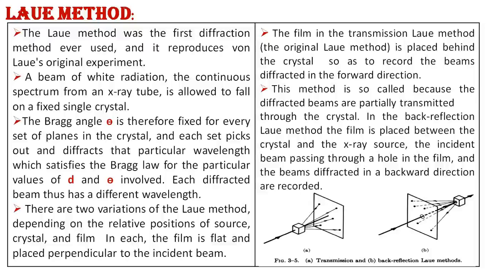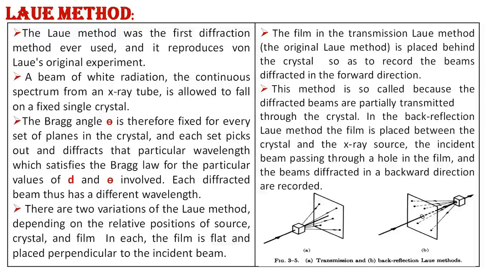There are two variations of the Laue method, depending on the relative position of source, crystal and film. In each, the film is flat and placed perpendicular to the incident beam. The film in the transmission Laue method, the original Laue method, is placed behind the crystal so as to record the beams diffracted in the forward direction.